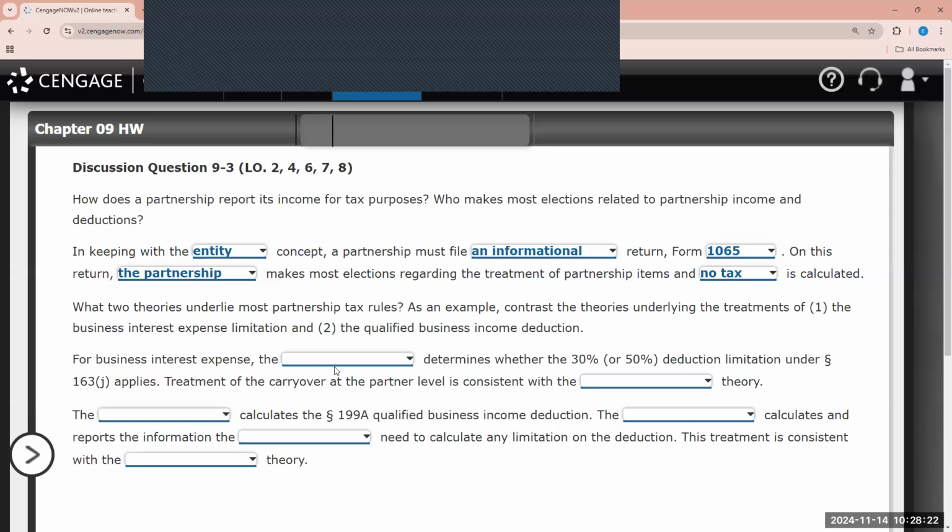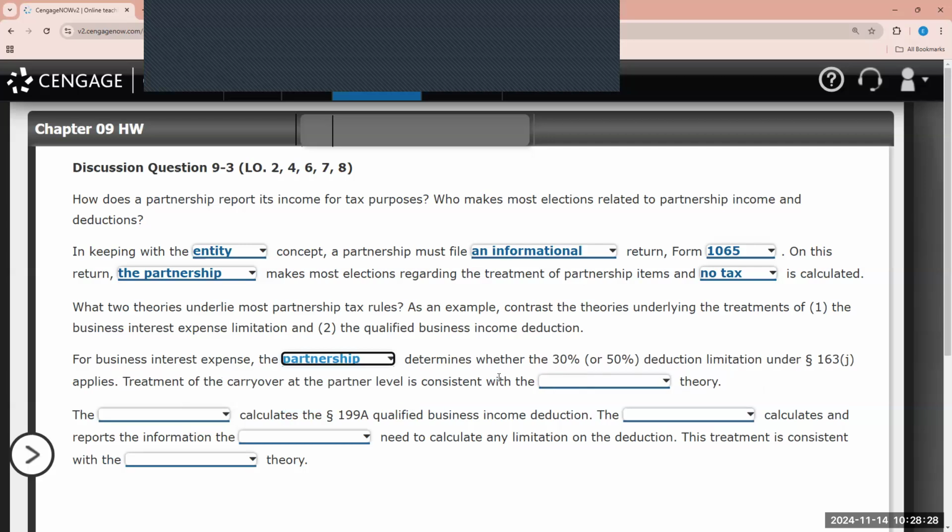So for business interest expense, it is the partnership that determines whether the 30% or the 50% deduction limitation under Section 163(j) applies. The treatment of the carryover at the partner level is consistent with what's called the aggregate theory. Next, here it states the blank calculates the Section 199A qualified business income.